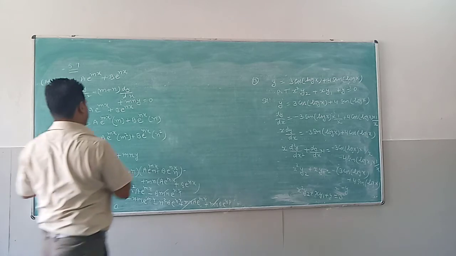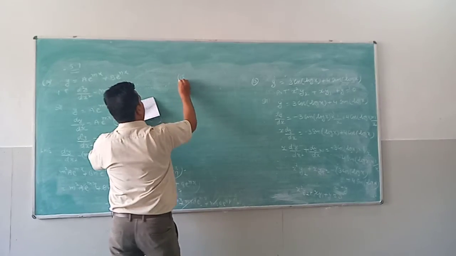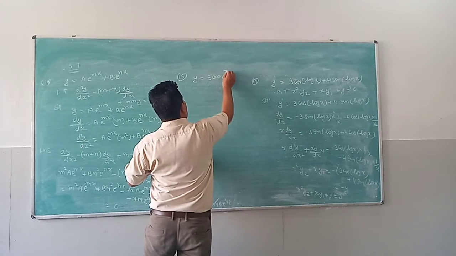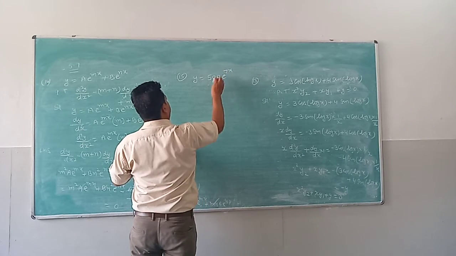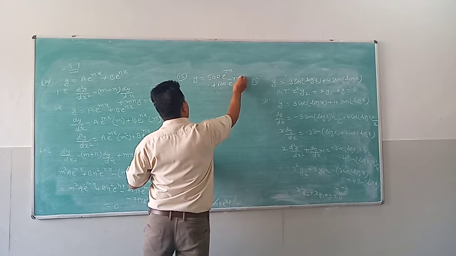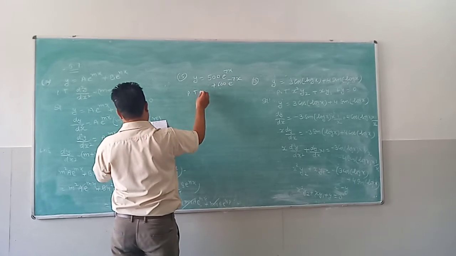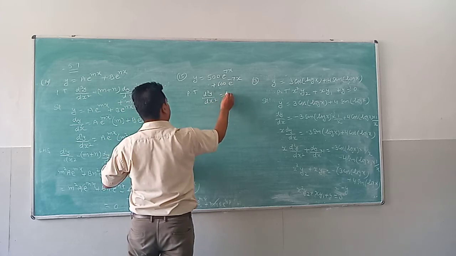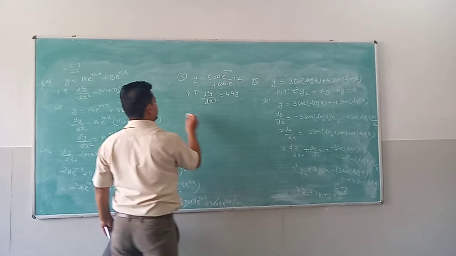In question number 15, the statement is y is equal to 500 e power 7x plus 600 e power minus 7x. In this, we are required to prove d square y upon dx square equals 49y.